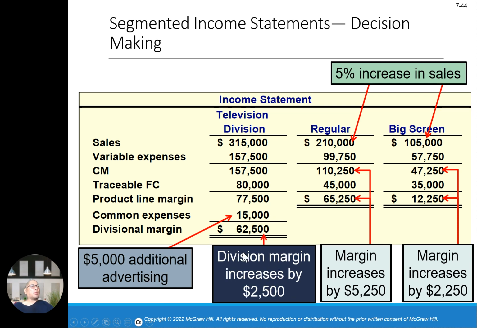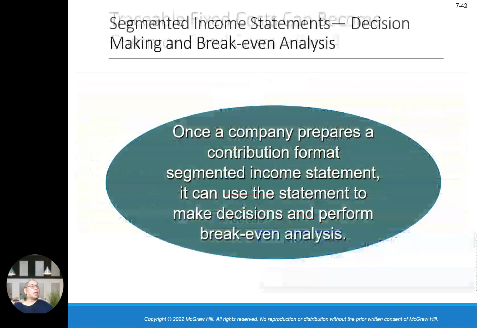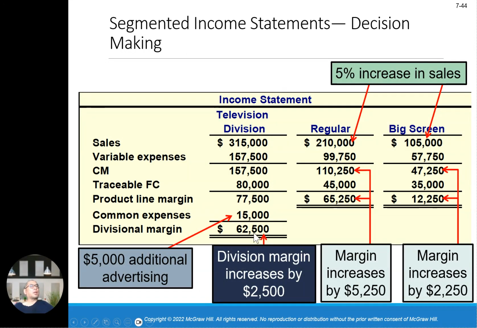Division margin increases by 2,500 compared to the previous one. Okay, this is the previous slide, and this is the next slide that shows you the difference. Okay, 15,000. There's an increase here, 5,000 in advertising cost. There's a division margin increase by 2,500. There's a margin increase by 5250 for regular, and big screen will be 2250.